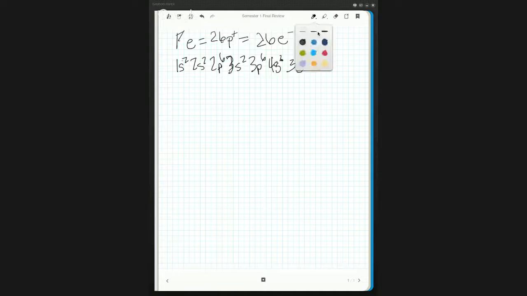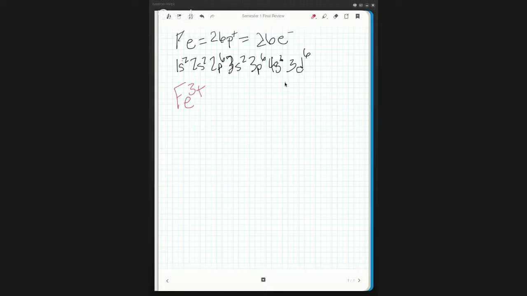Now, whenever you have a cation, a transition metal, it's going to lose valence shell electrons. A cation means it's going to lose electrons. Electrons are negatively charged, which is why you end up with Fe3+. The interesting thing is that because it's a transition metal, this is where it gets funny.